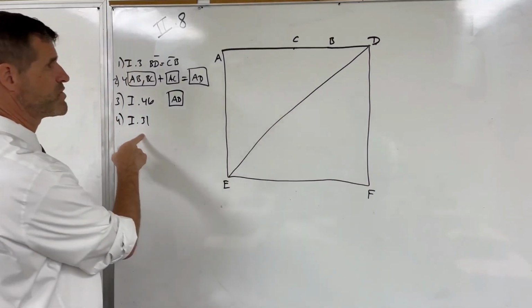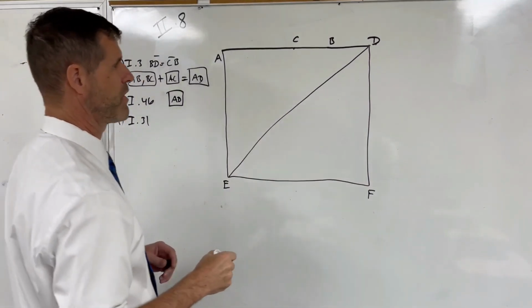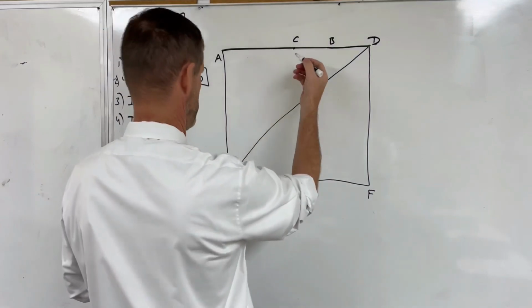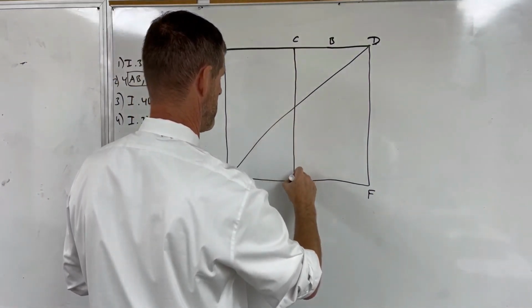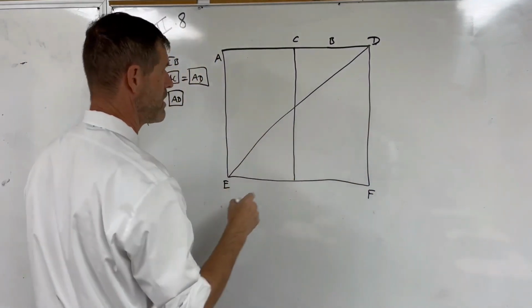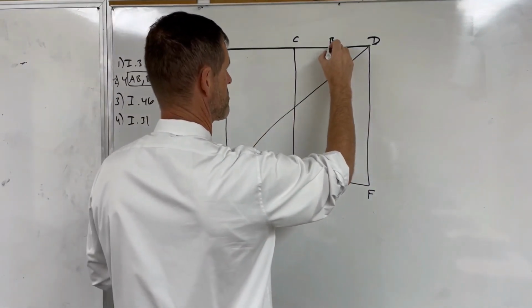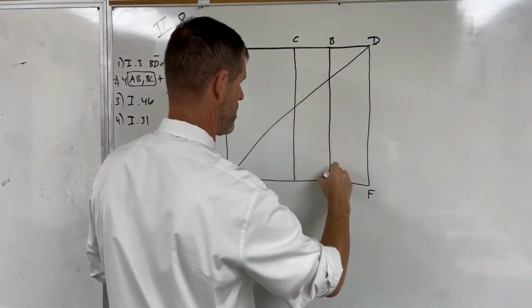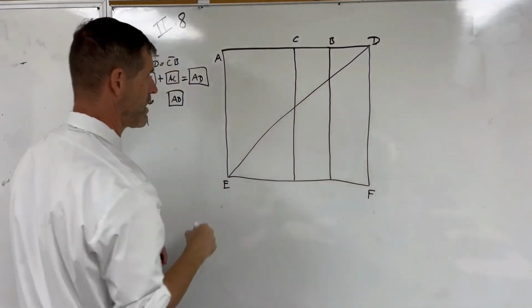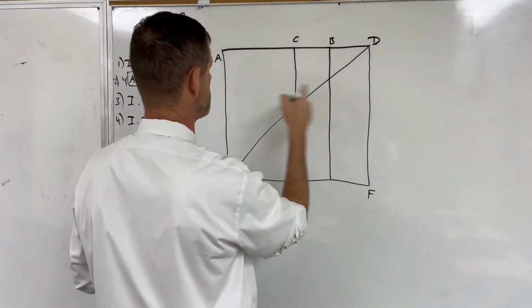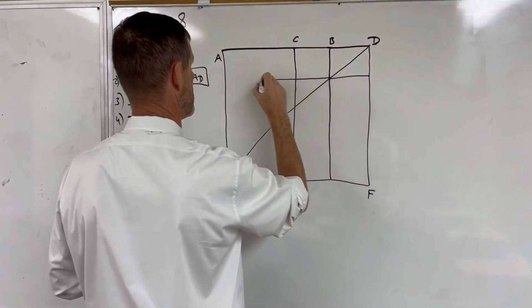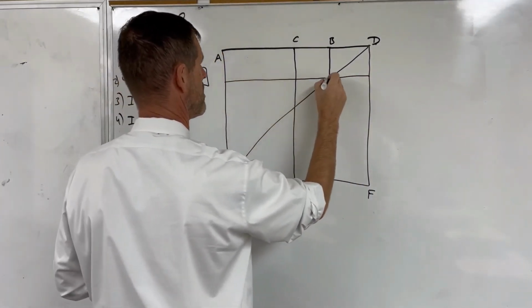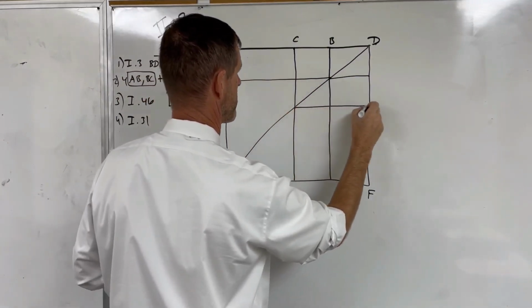And then using proposition 31, we start drawing a bunch of parallel lines. So we start off, we draw through C a line parallel to either DF or AE. We do the same thing through B, parallel to either DF or AE. And then through these intersection points, we draw two more parallel lines.